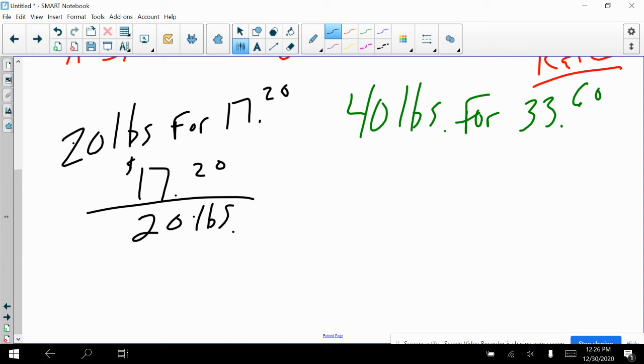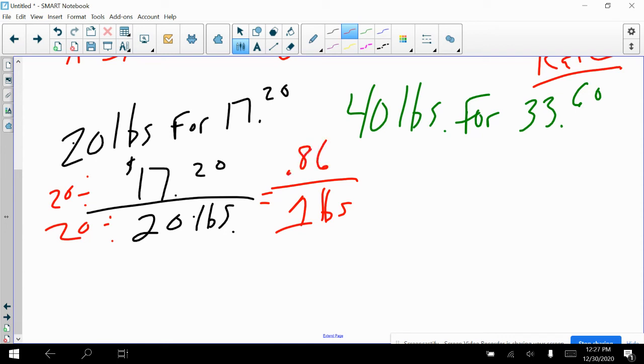We divide by 20, because remember, we want one of something. We don't want to divide by 17.20, that's not going to make us a 1 on the bottom. So we're going to get 1 pound, LBS is pounds. $17.20 divided by 20 gives us 86 cents per every 1 pound of that dog food.